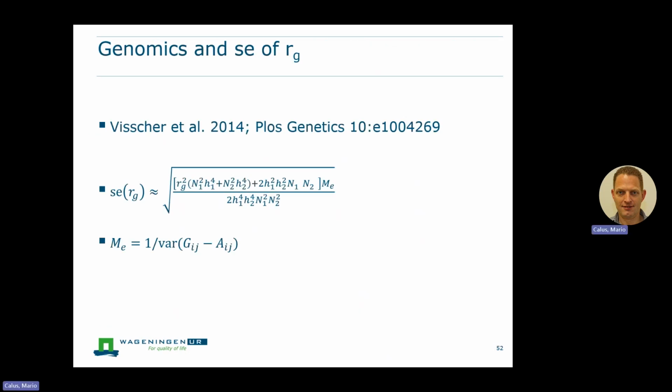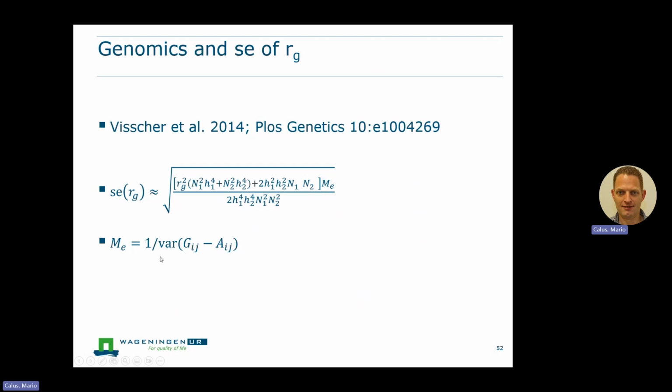And then in the last 10, 15 years, with genomic data being increasingly more used, there are also formulas developed that try to predict the standard error of genetic correlation if you use genomic information. And here the new term that enters in this equation related to genomic information is this ME, which is also termed the effective number of chromosome segments.